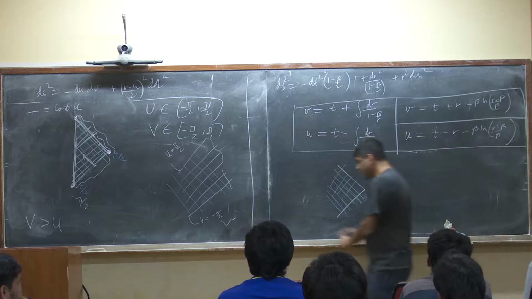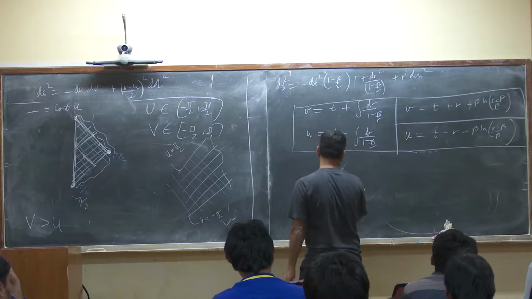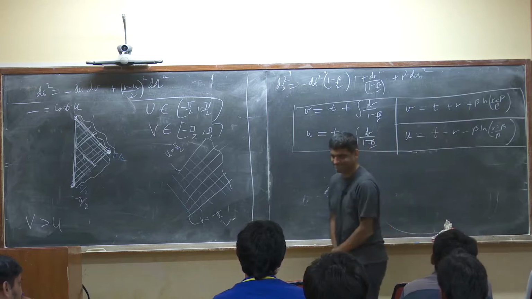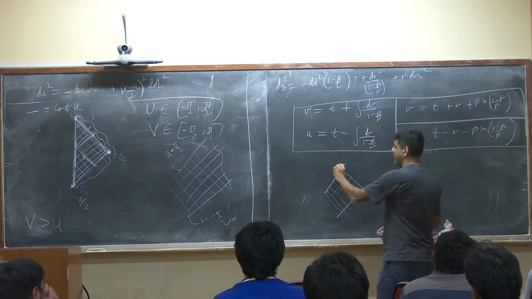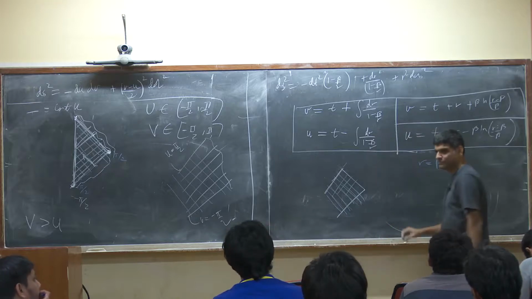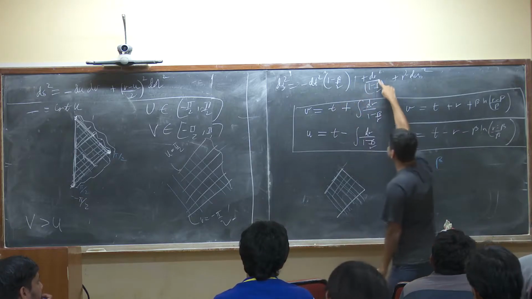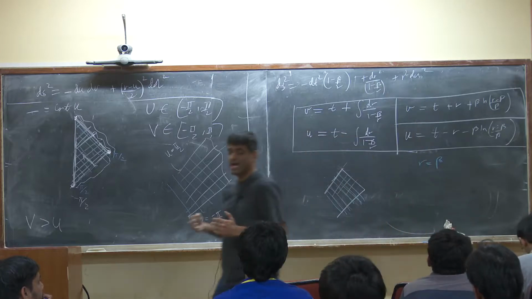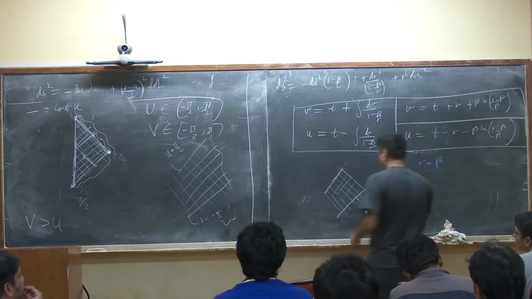Now we saw, if you remember, that there was a particular value of r at which r was equal to beta. Let's suppose we were working with Eddington-Finkelstein coordinates, v and r.